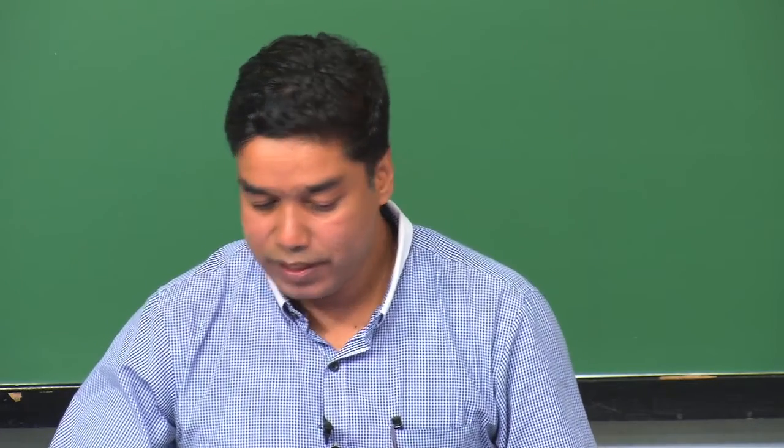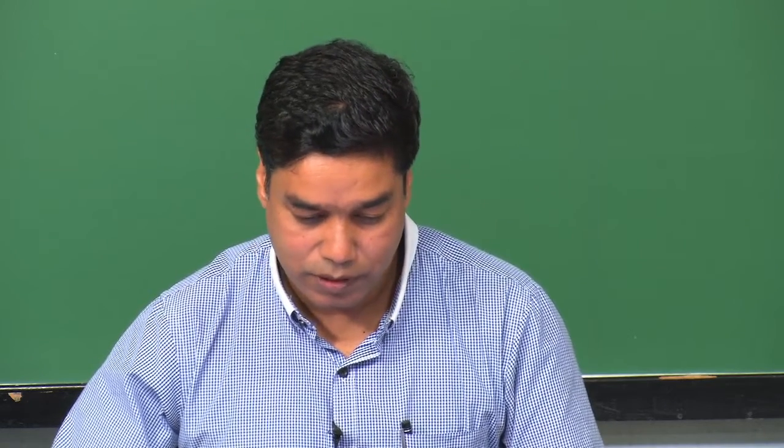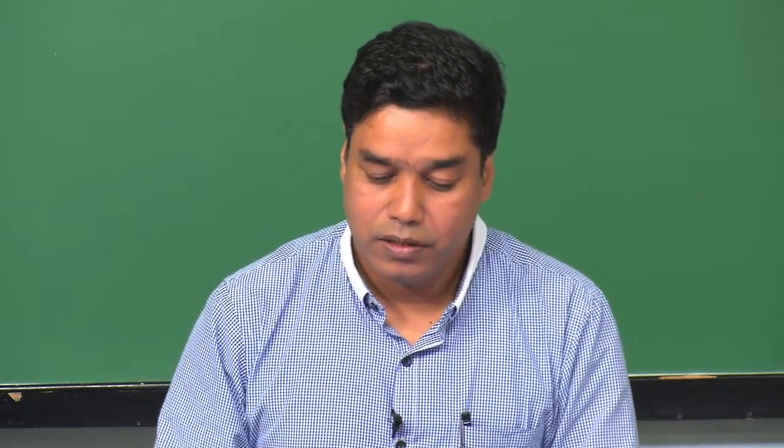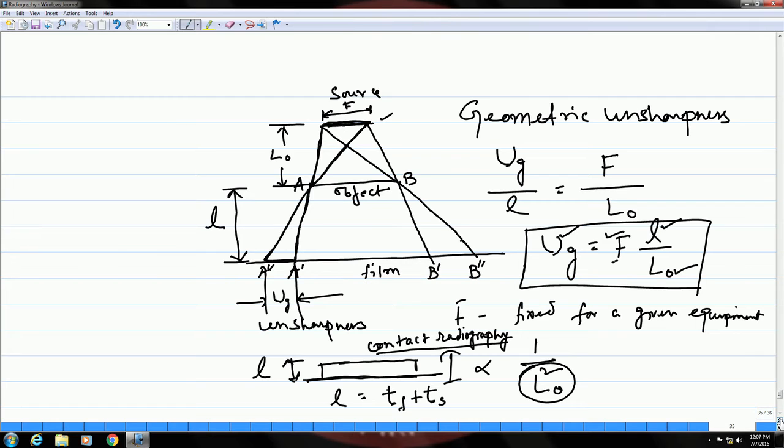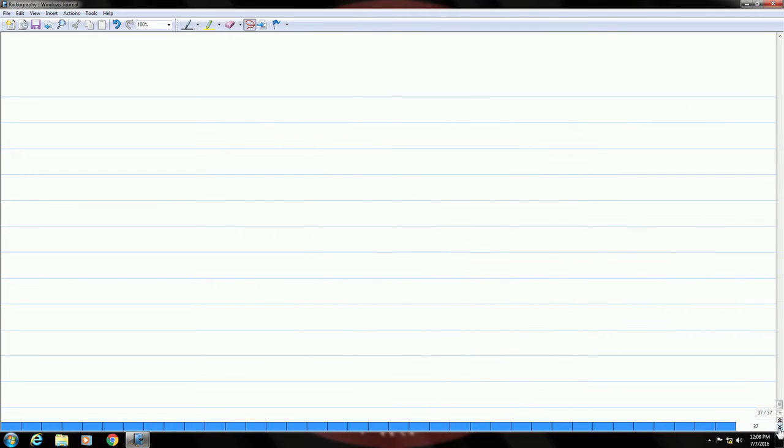If you want to magnify the image, in this case, when you have a finite spot size, okay. So, when you magnify the image, it means the distance between the film and the object also increases. So, for a finite source, we have already seen how the image is formed.